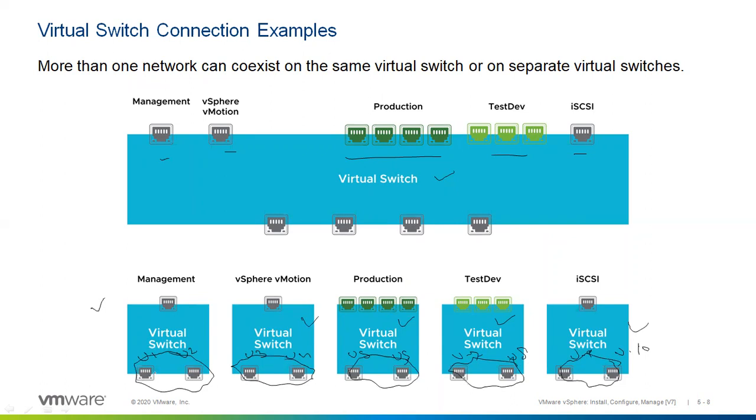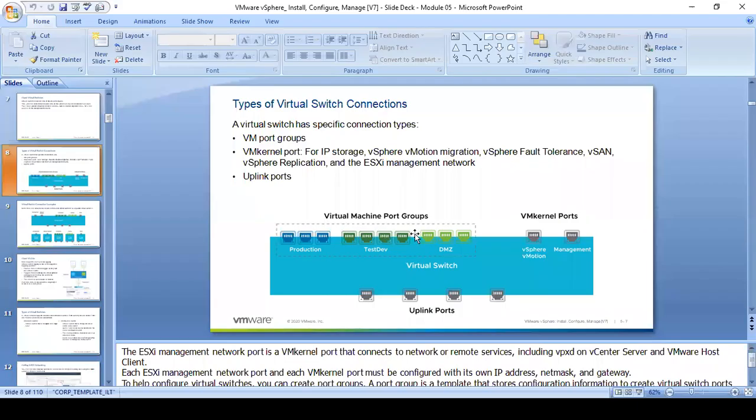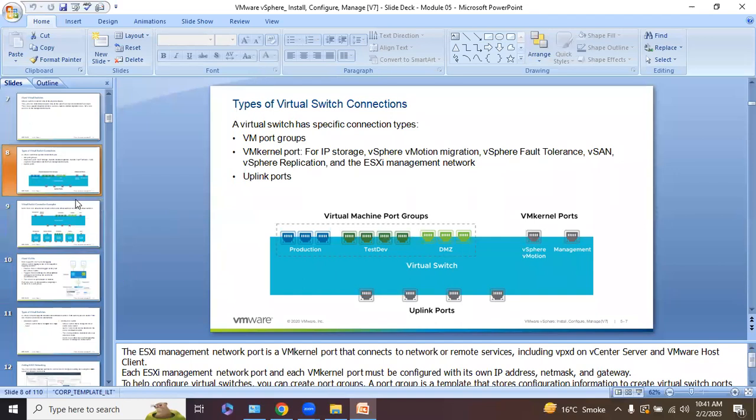Is it clear? Sir, if we create a new virtual switch, can we add that virtual switch to any uplink port? If we are creating a virtual switch, it always requires an uplink. Let me give you one example on a blank slide.